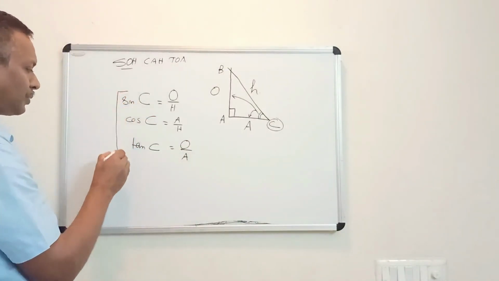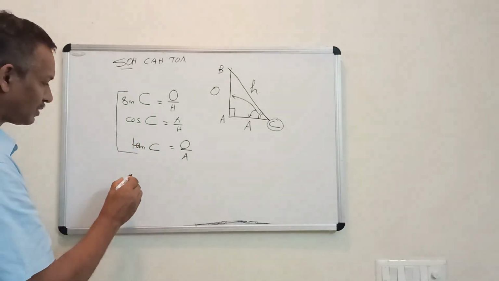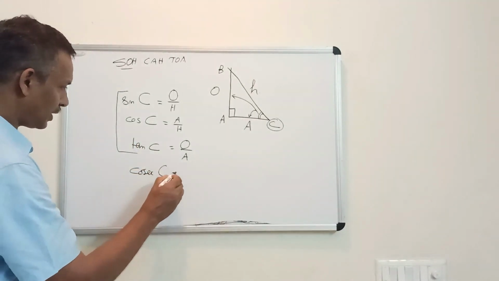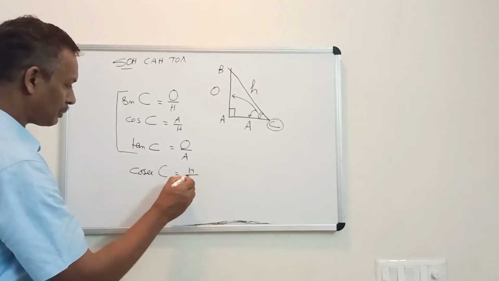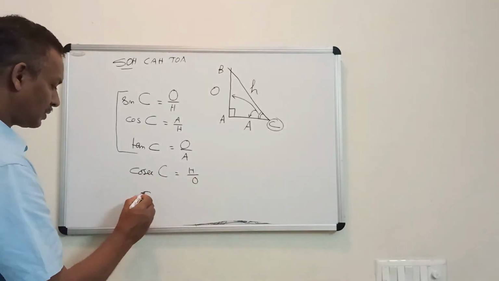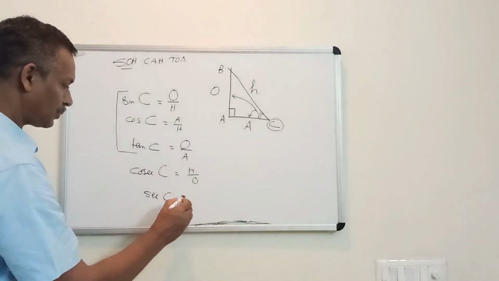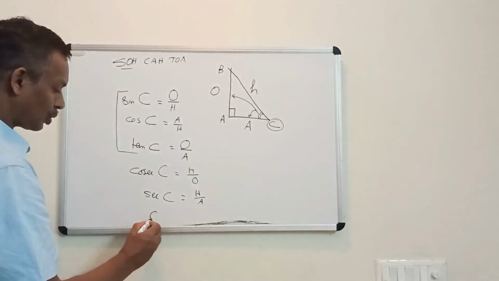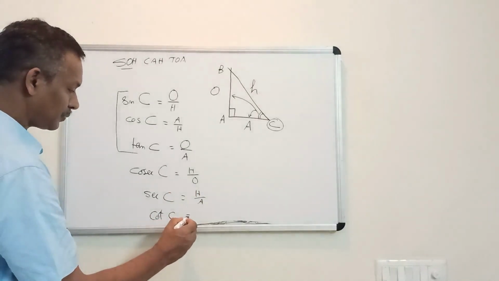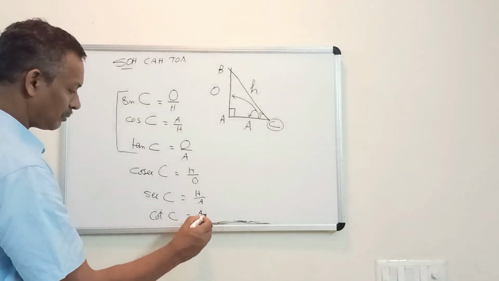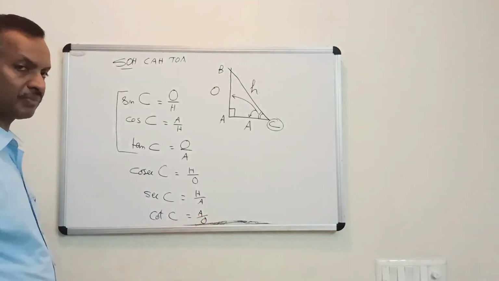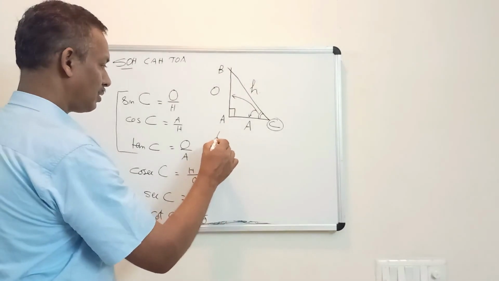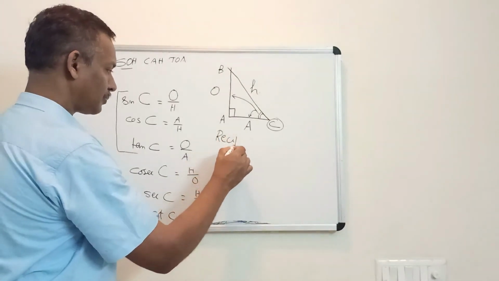The first three we know, their reciprocals are the last three. Cosec C is equal to hypotenuse by opposite. Sec C is equal to hypotenuse by adjacent. Cot C is equal to adjacent by opposite.